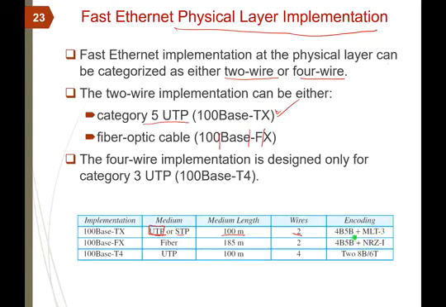I think you studied line encodings. FX uses fiber, and the length is about 200 meters. It uses 2 fibers. Base T4 uses all 4 wires, and it's UTP up to 100 meters.